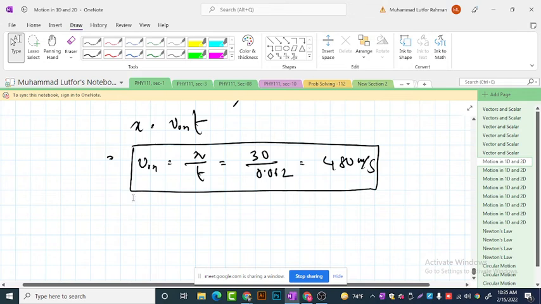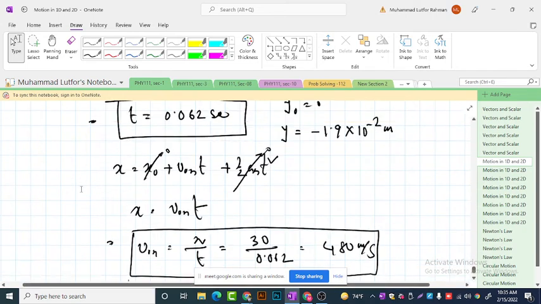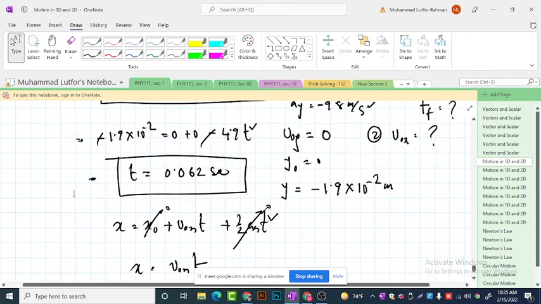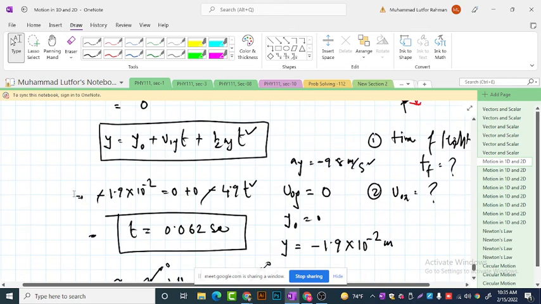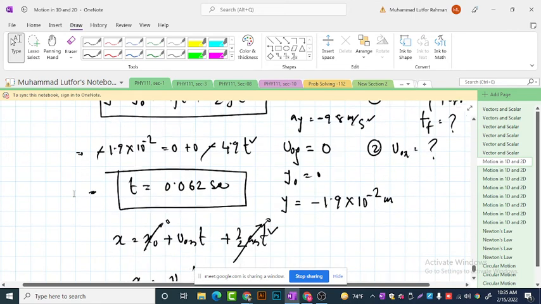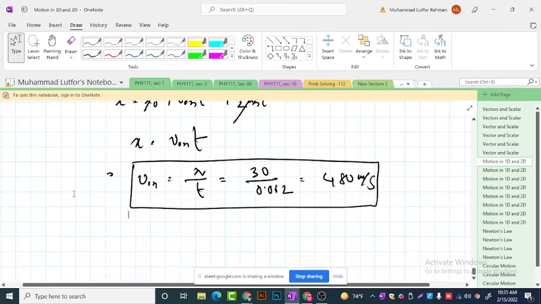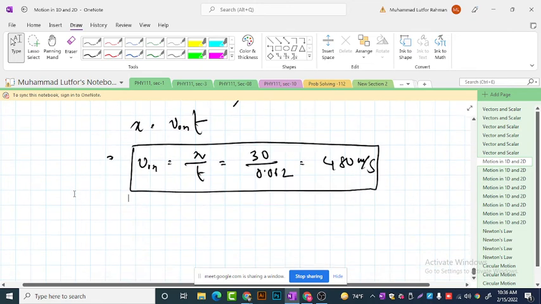Sir, do you have to write like this while solving the problem, or can we just do it simply? I think he's asking if we could just write the velocity in the vertical direction, like v in the y direction.